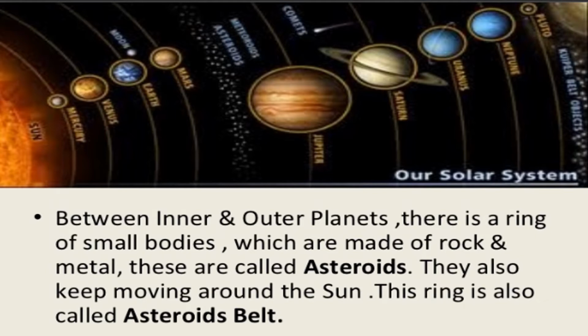The first 4 planets here are called the inner planets, because they are made of dust and rock.